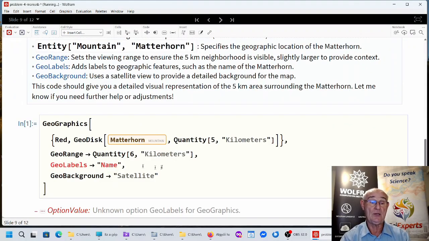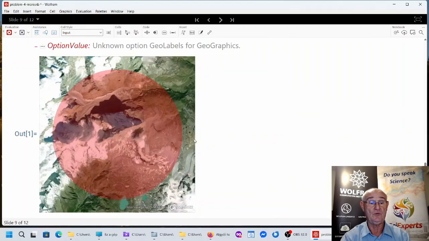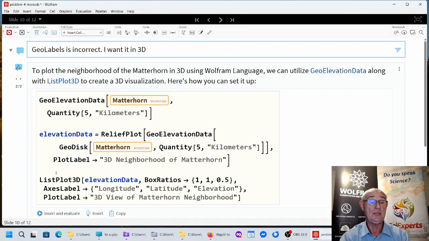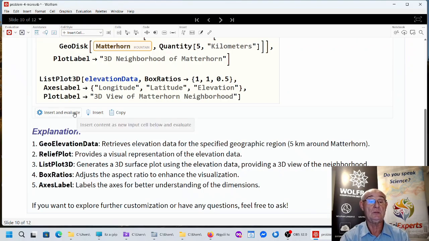It says that the GeoLabel is not correct, but hopefully I get something. But that's not a three-dimensional picture. So my next question is that I want it in 3D, and I noticed that the GeoLabels is incorrect. Look at it. I got an answer.